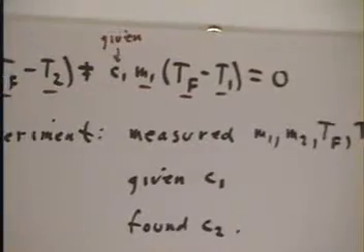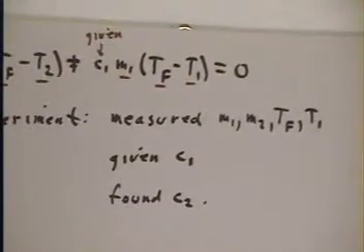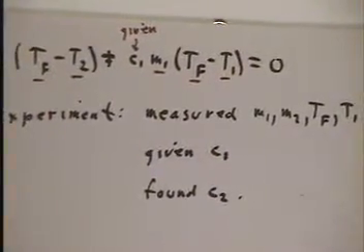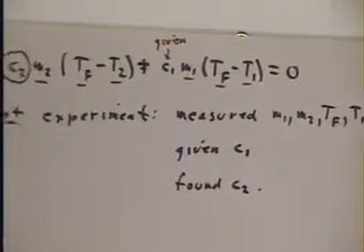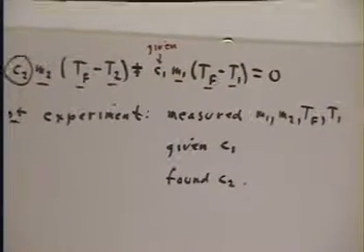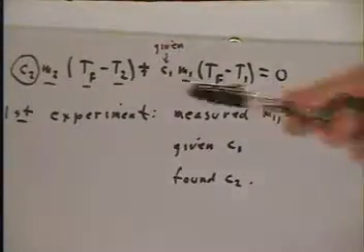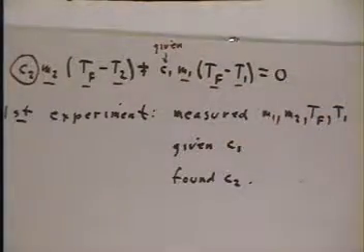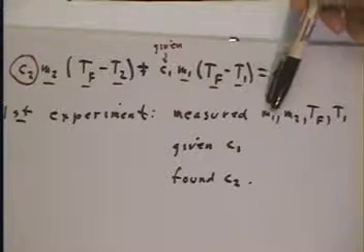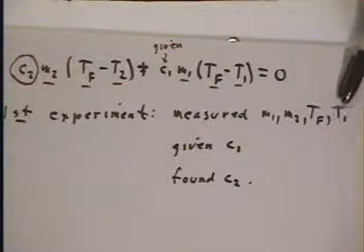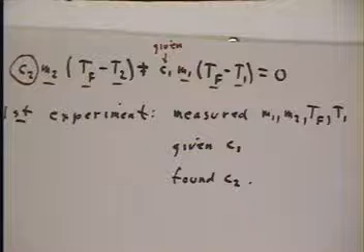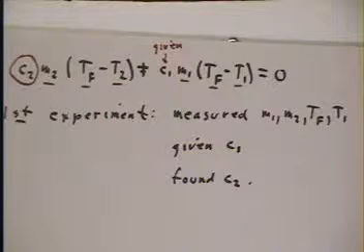How do we deal with that equation? Well, that depends, of course, on what it is we know and what we're trying to find. In our first experiment, we measured the mass M1, the mass M2, and the final and the initial temperature of the water.